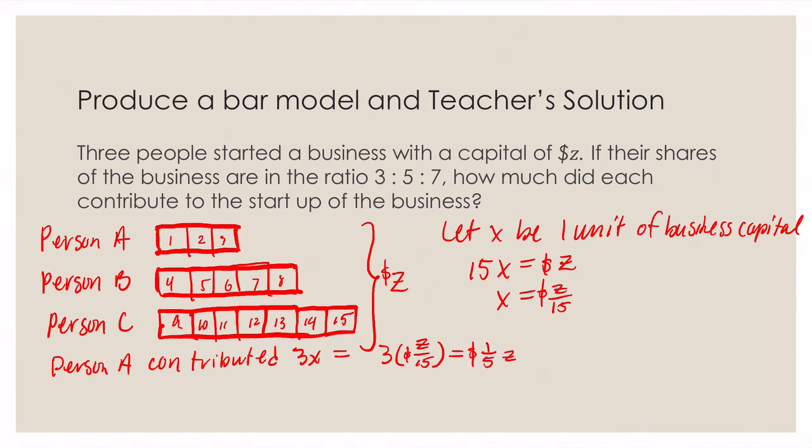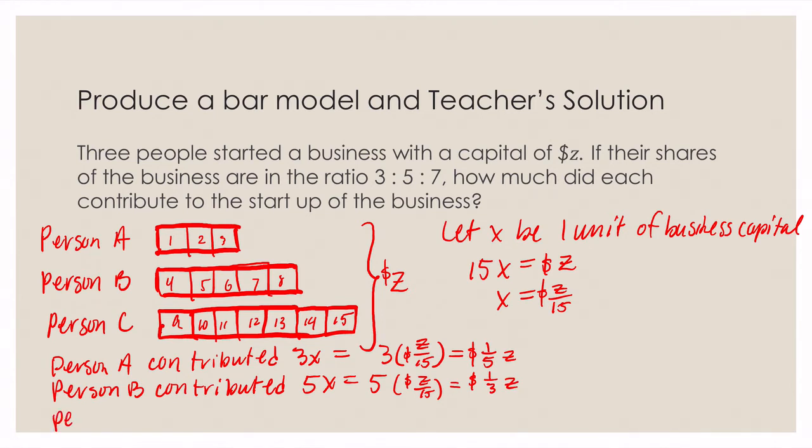Okay. Person B contributed 5X. So that's 5 times Z over 15, which is equal to, the 5 and the 15 will cancel, so we have 1/3 Z dollars.